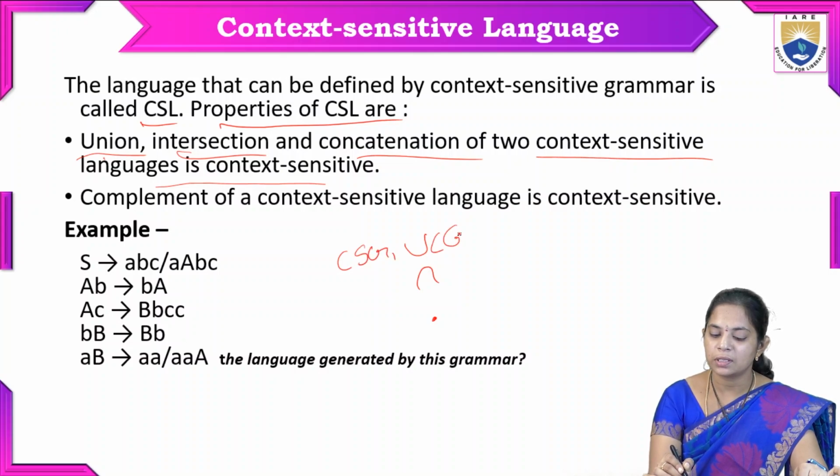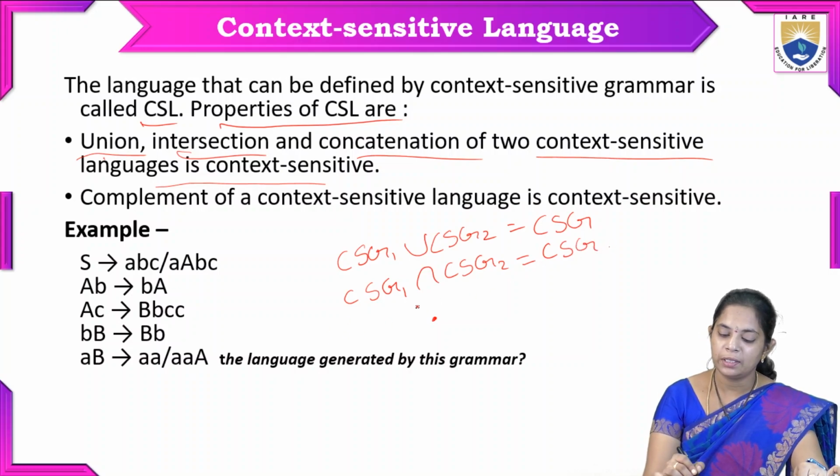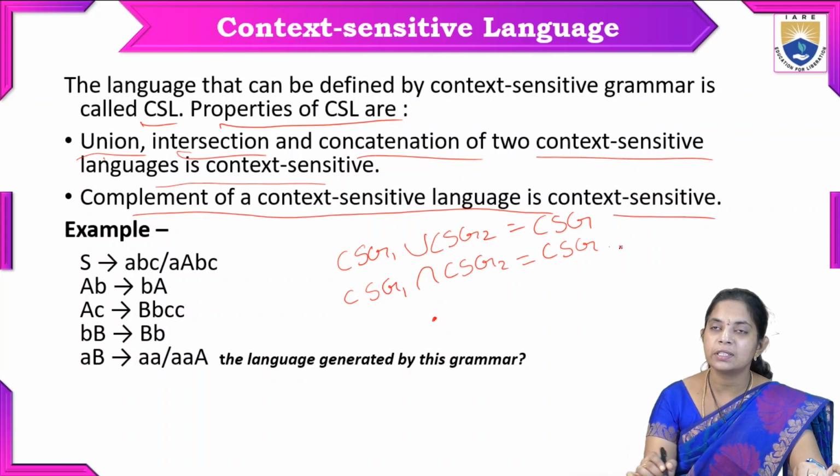So the union of two context sensitive grammars results in a context sensitive grammar only. The intersection of two context sensitive grammars is also a context sensitive grammar only. The complement of a context sensitive language is context sensitive only.